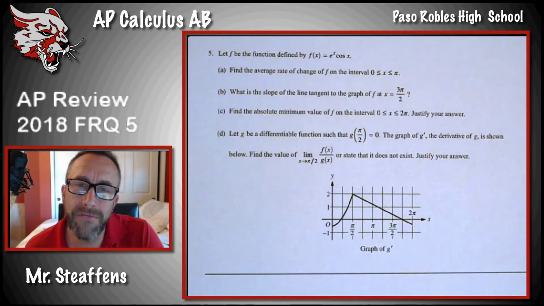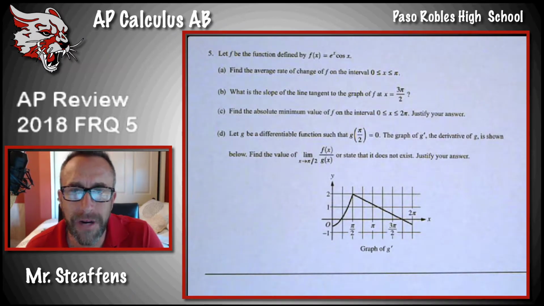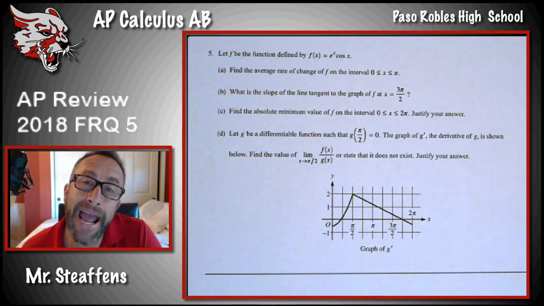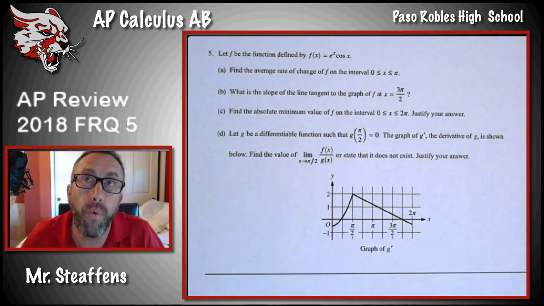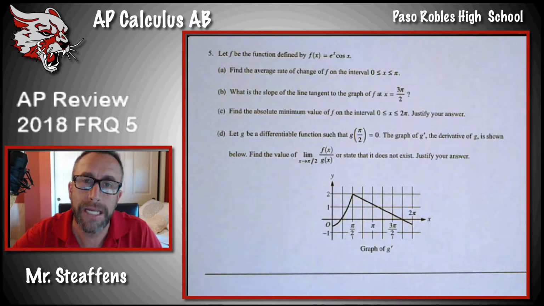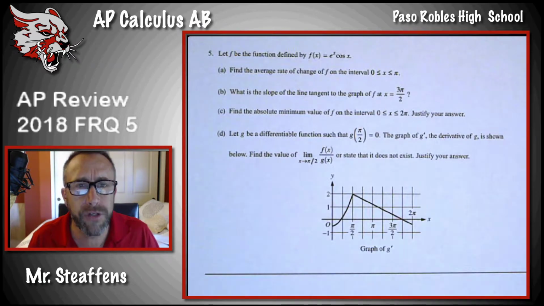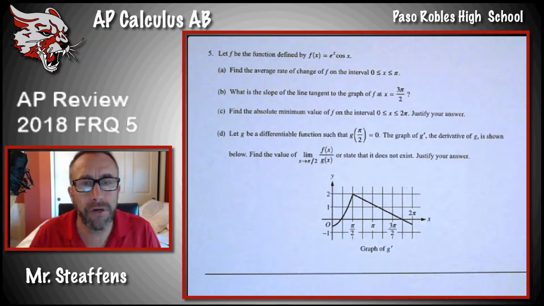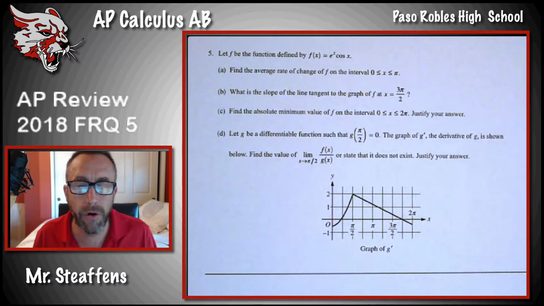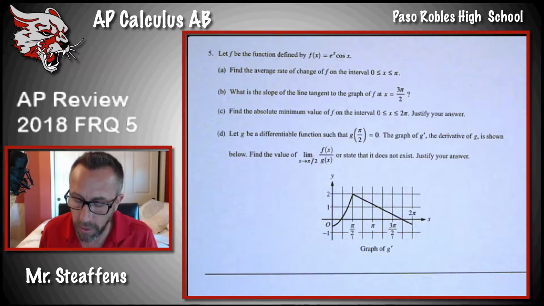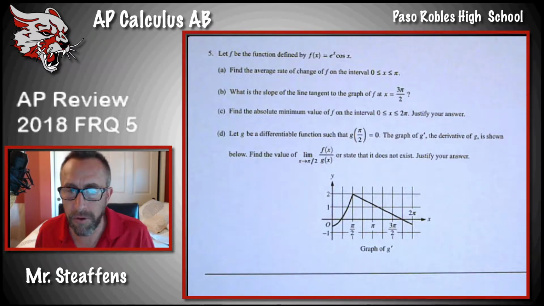Remember, the average value equation will give you the average value of what they gave you, right? So in this situation, they didn't give you the rate, they gave you the original function. So if you want the average rate of the original function, that's just the slope. It's been the slope for the last 5 years. So part A is just going to be a find the slope problem from 0 to pi.